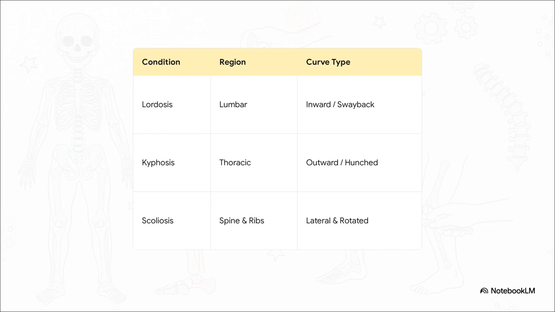Next is kyphosis. That's an excessive outward curvature in the thoracic region. It creates a forward rounded or hunched look. And finally, scoliosis, which is a lateral or sideways curve that crucially also involves spinal rotation. So just to recap, lordosis is swayback, kyphosis is hunched, and scoliosis is sideways with rotation.